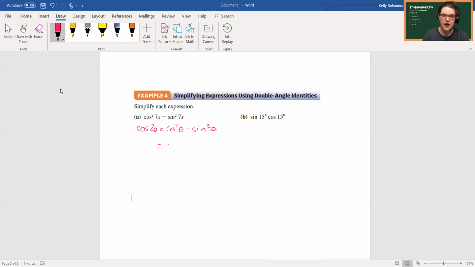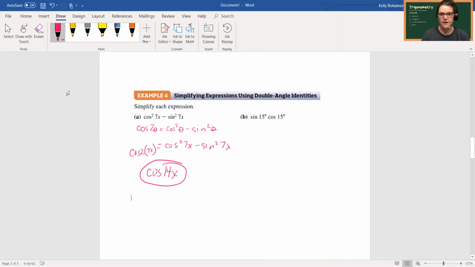Except instead of theta, I have cosine squared 7x minus sine squared 7x, which means that this is cosine 2 times 7x, which means I actually have cosine 14x.